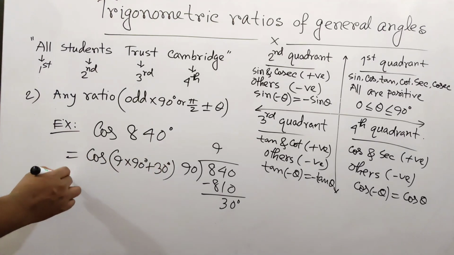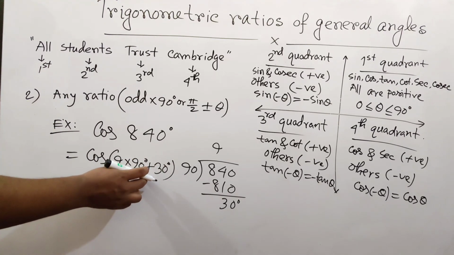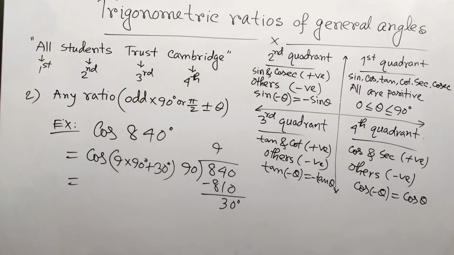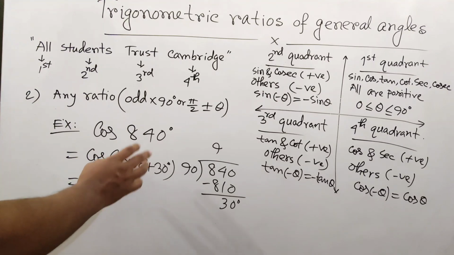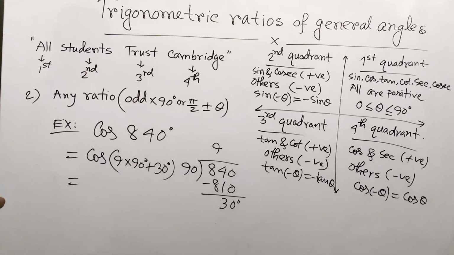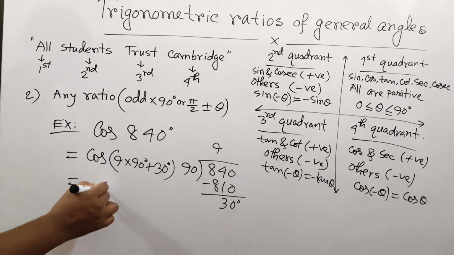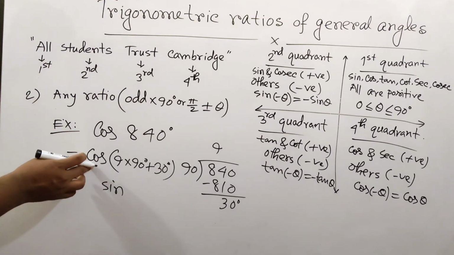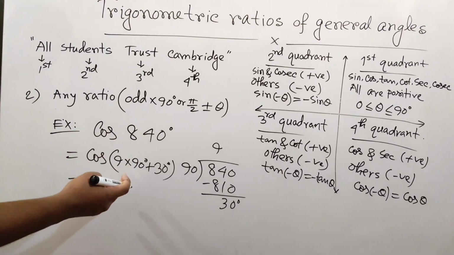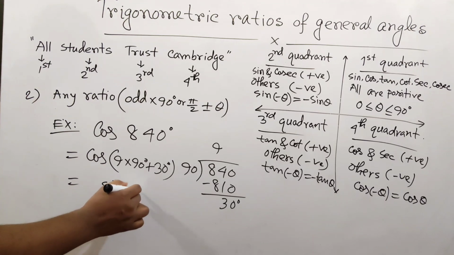Look here, the given problem is similar to this second rule. It is an odd multiple of 90, and I told you if it is an odd multiple of 90, the ratio will be changed. So if it is given cos, after changing it should be sine, so it should be sine 30 degree.